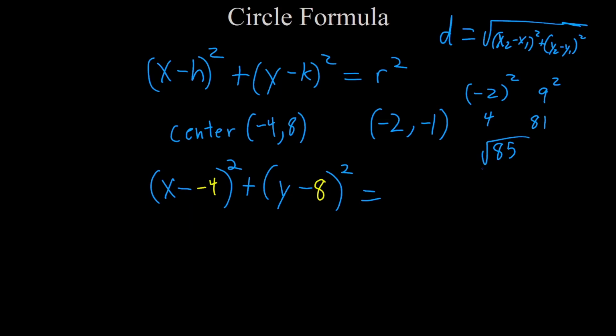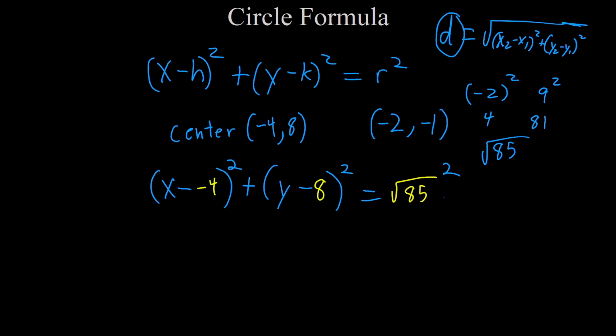Square rooting that, we have a distance of √85. So that would be our radius. Our radius would be the square root of 85. And that value is squared according to our circle formula.